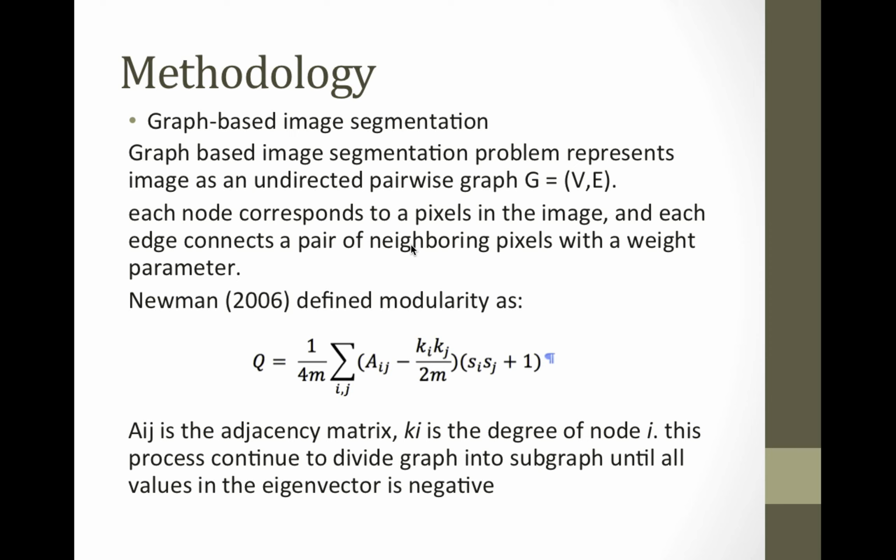For entries with value larger than 0, they form one group, and the others form another group. This process can be conducted iteratively until all values in the eigenvector are negative.